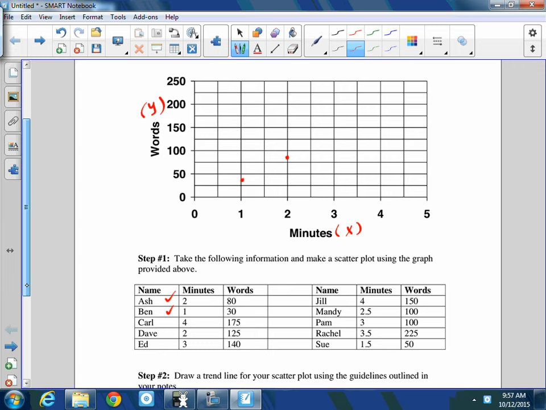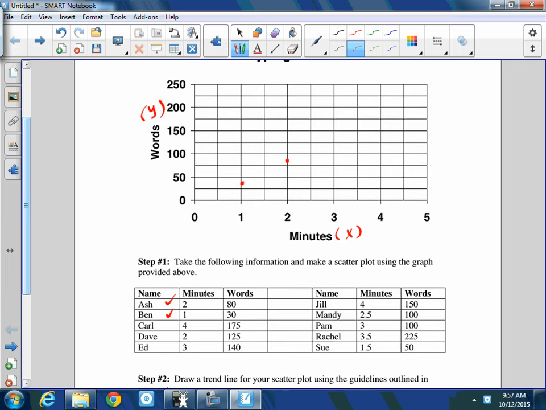It's just an approximation because you're making a trend line. 4 minutes and 175. 2 minutes and 125. Three minutes and 140 for Ed. Jill has 4 minutes and 150.